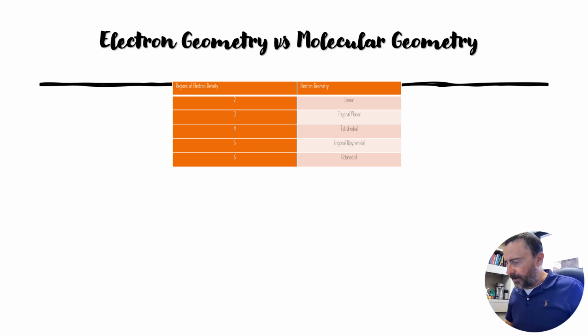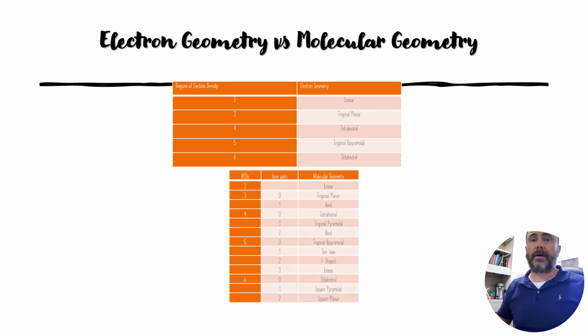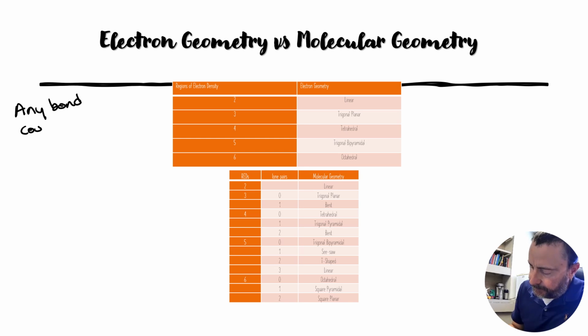Okay, but I like to use just a table like this where if I'm drawing something, I can figure out, okay, so number one is any bond counts as one region of electron density.